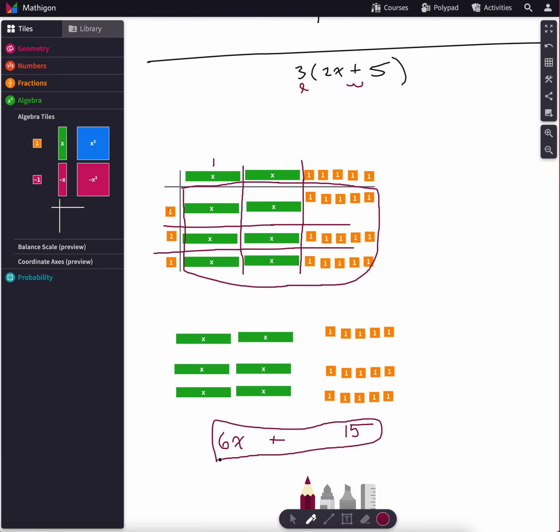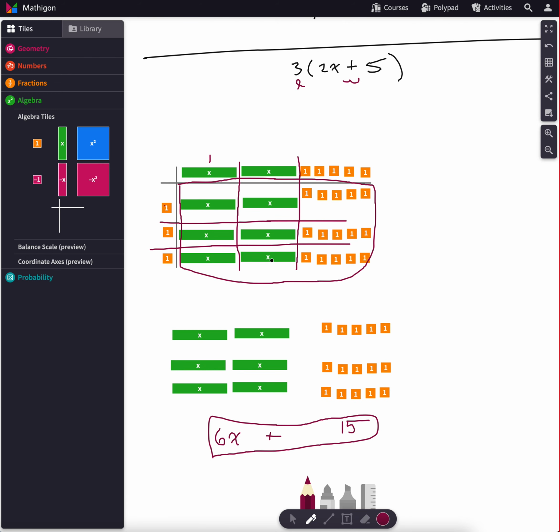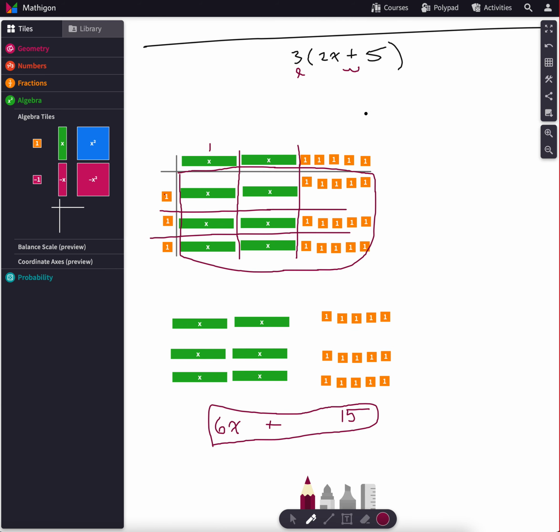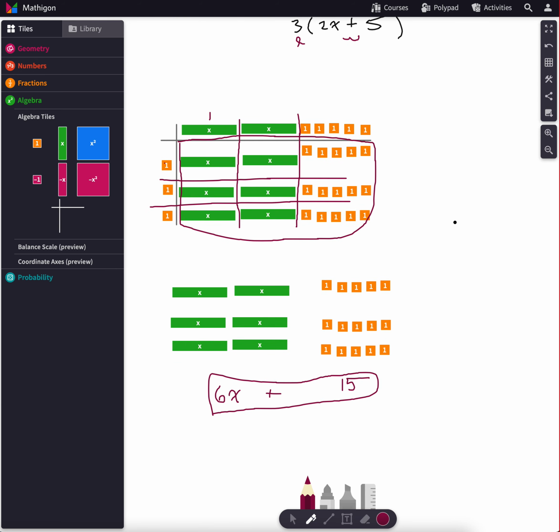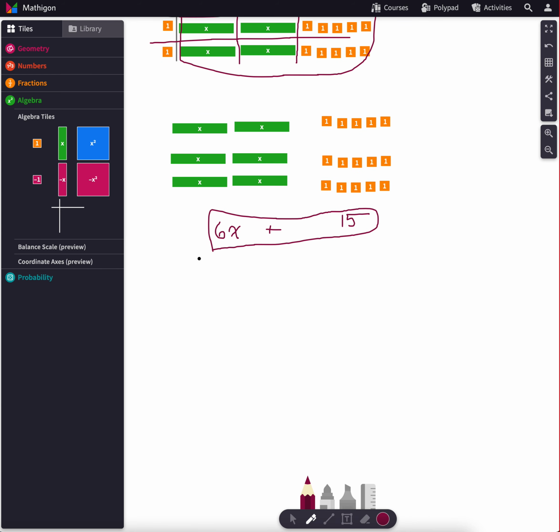Okay? Now, do I expect you to show the table every single time? No. Okay? If you guys would like, this is physically, if you were to build this thing, what would happen. And if you need to do this 2 or 3 times, do it. Okay? But let's forget, the tiles are still a thing, right? But let's just say I redid this question and I said 3 times 2x plus 5.